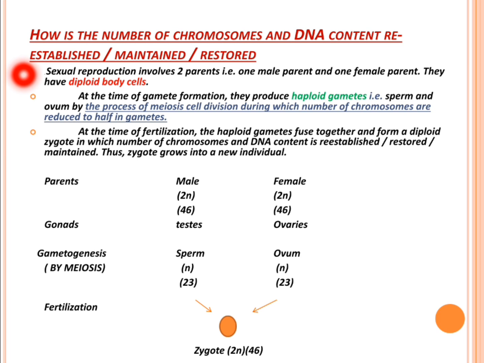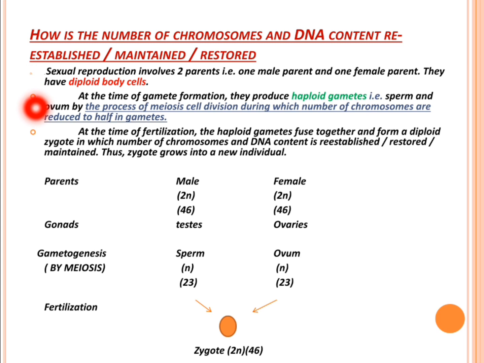Sexual reproduction involves two parents, that are one male parent and one female parent. They have diploid body cells. Diploid cells means the cells that have double set of chromosomes in their nucleus. For example, in human beings, 46 chromosomes are present in their body cells.